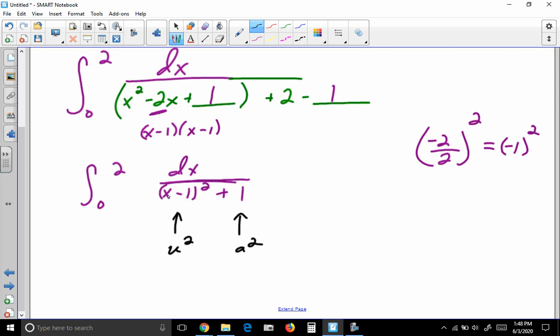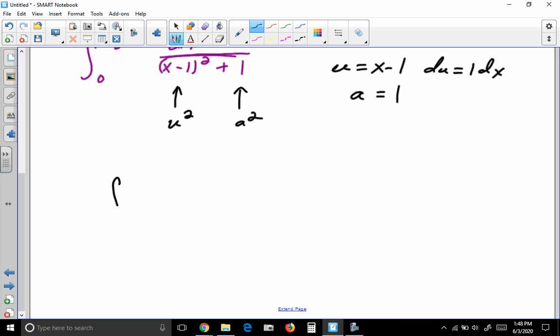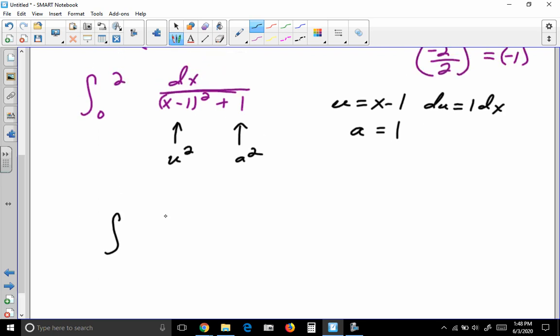So if u squared is x minus 1 squared, then that would make u x minus 1. du is the derivative of that times dx. If a squared is 1, then a would be 1. We have the integral of dx is du. On bottom, we have u squared plus a squared.